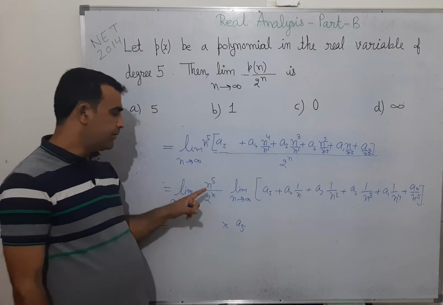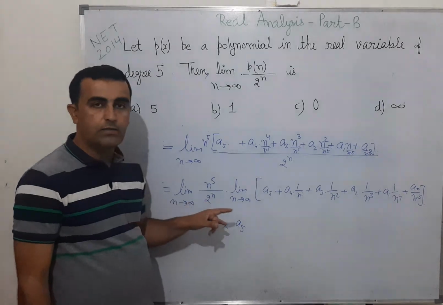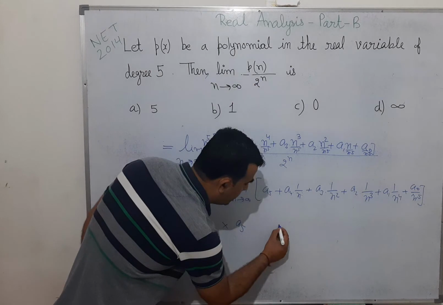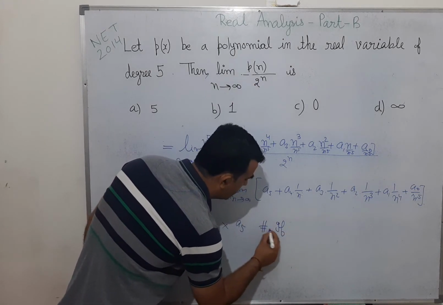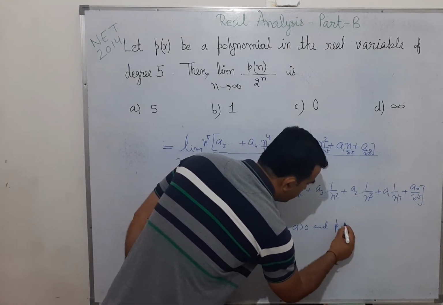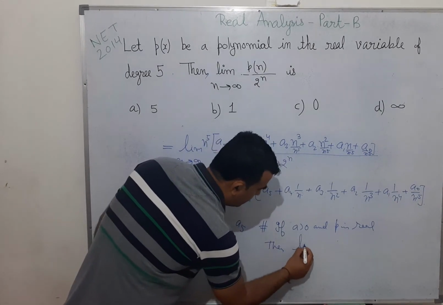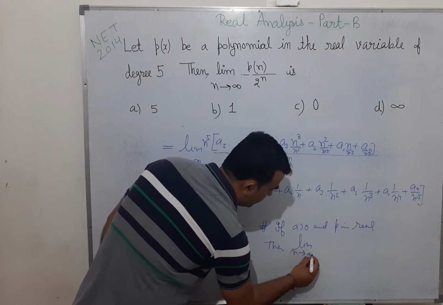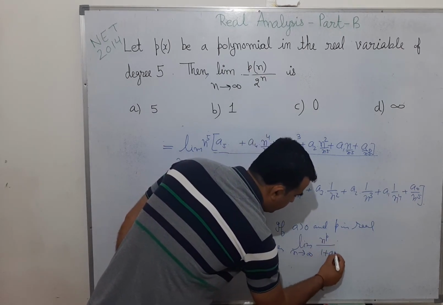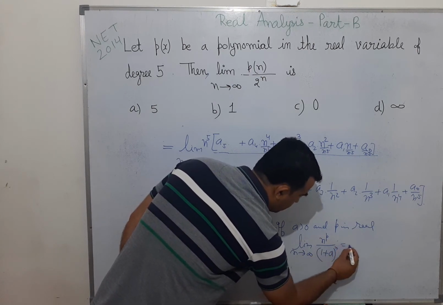And what will be the limit of the first expression when n tends to infinity? In the real analysis sequence chapters we have seen a result: if a is greater than 0 and p is real, then the limit n tends to infinity of n raised to power p upon (1 plus a) raised to power n is equal to 0.